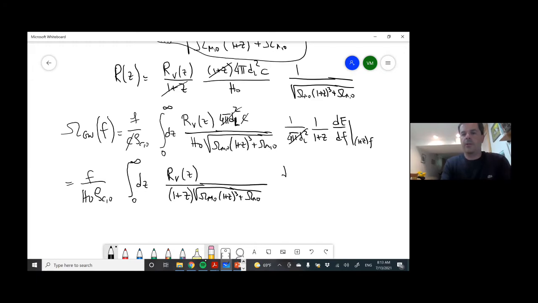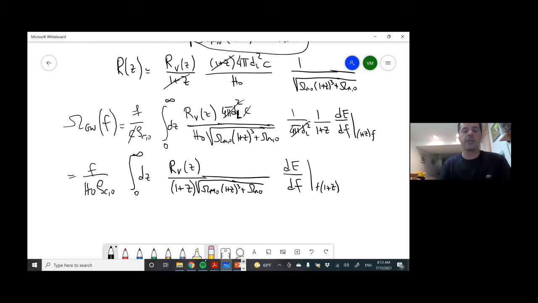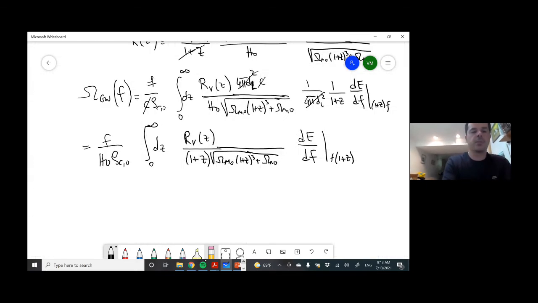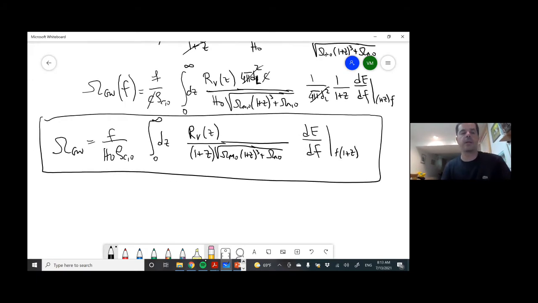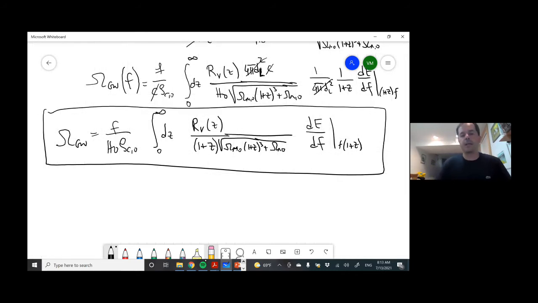And I believe the only other piece left is the dE/df, which is evaluated at f times 1 plus z. So this is our final expression. I'll box it up because that is the final formula we will use to calculate the energy density in the stochastic background due to different astrophysical models.